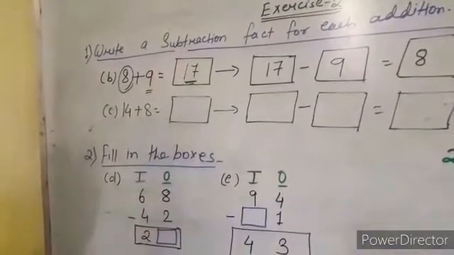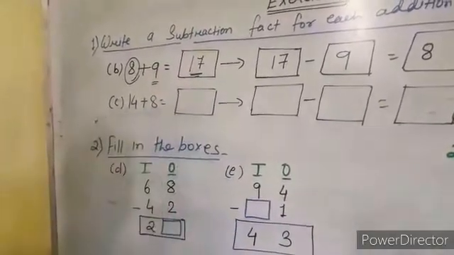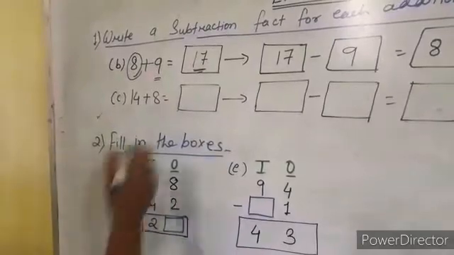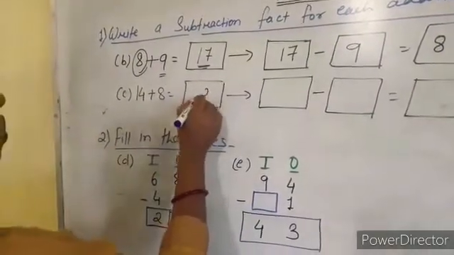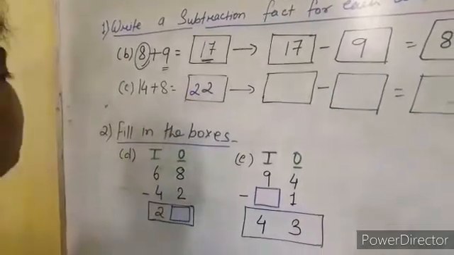But the next question, 14 plus 8. 14 plus 8 is 22. Okay.